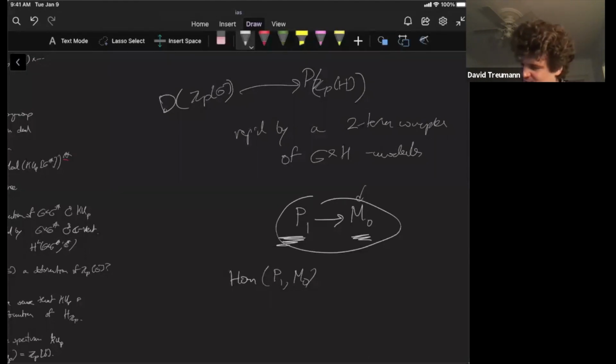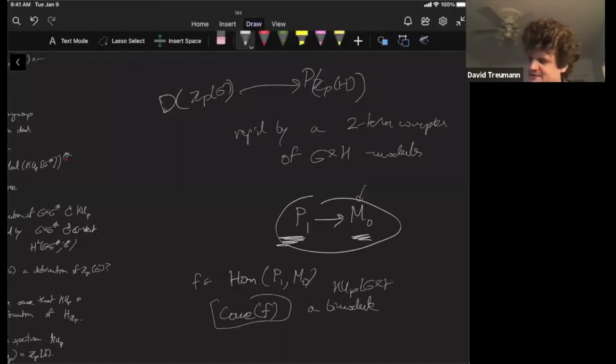So you can pick out the usual object, and then instead of talking about the two-term complex, you can talk about the mapping cone of that map, and then this would be a bimodule over KUpG times H. Did I skip an important sentence?